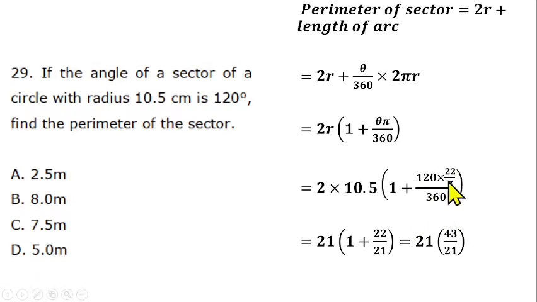Good. Then 7 will come down here, so you have 7 times 3 gives us 21. So you have 22 over 21 here plus 1. If you simplify this using addition of fractions, that gives us 43 over 21. 21 can go into 21, that gives us 43 centimeter. And none of the options is correct because there's a typographical error in the options given. So the right answer is 43 centimeter.